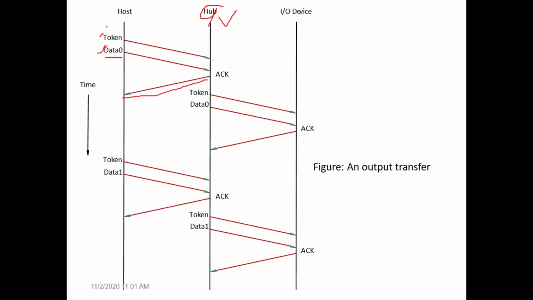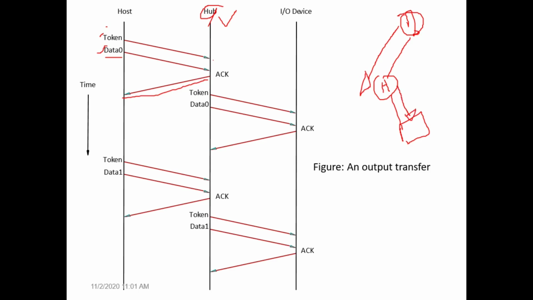Now that hub forwards that data to the next hub present under that tree structure. For example, here I told you that this is the root hub, and then there is a hub, and under that hub there is an IO device. So when the root sends data to a particular hub, that hub sends data to the IO device.